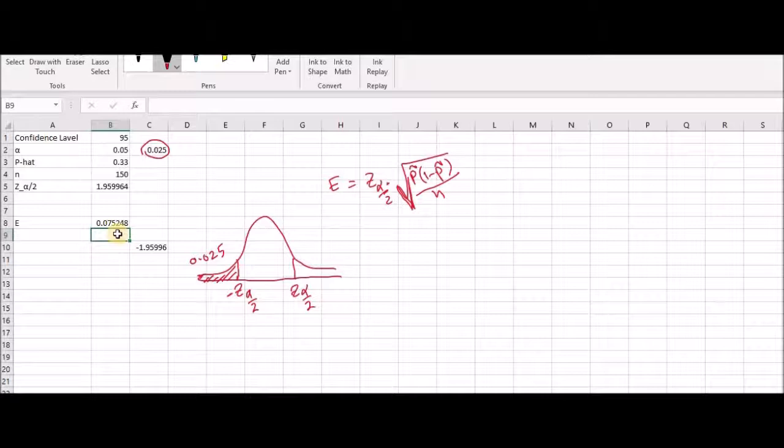Now let me use the numbers instead of clicking on cells. Maybe that is a little bit confusing for some of you, so let me calculate it differently with numbers.